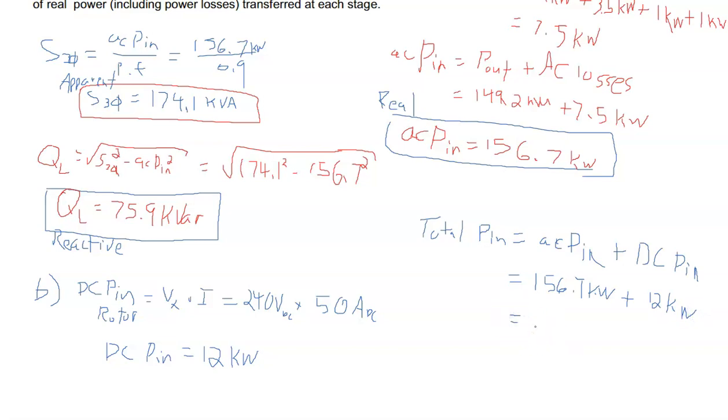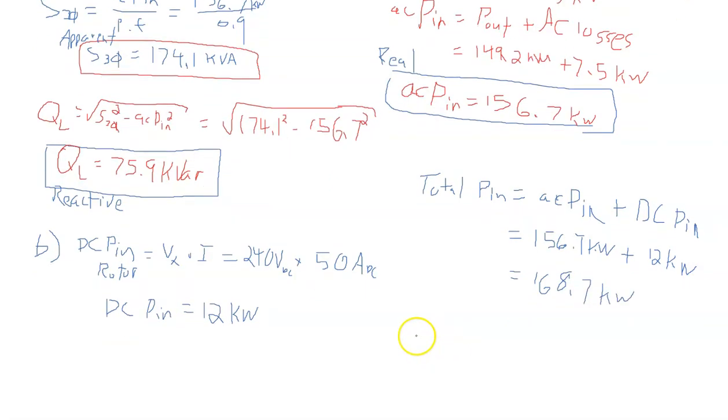And the total power in becomes 168.7 kilowatts. Now, the efficiency then is the mechanical power out divided by the total power in.